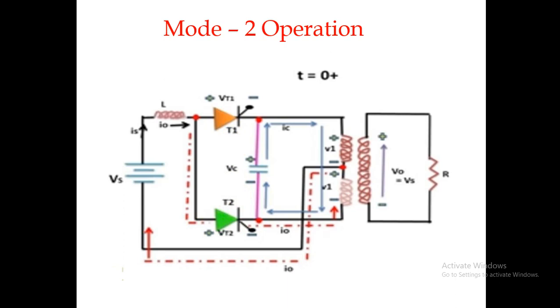Once the thyristor T2 is conducting, the current flows through T2 and enters the second half of the primary winding of the transformer and back to the source, and the same is induced in the secondary winding, getting a Vs value across the resistance. And this mode of operation we can see in the waveforms at t equal to 0 plus condition.